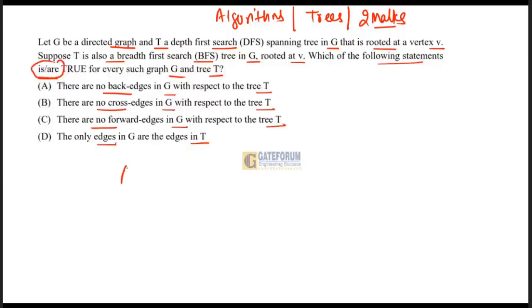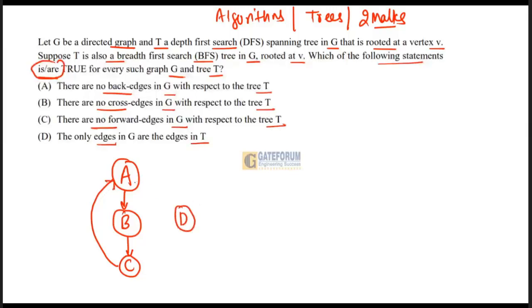Let's say I am considering a graph like this: A has a directed edge to B, and B has a directed edge to C. Now C has a back edge to A, and one more node D, where A has a directed edge towards D, and D has a directed edge towards C. So this satisfies the question, where G is a directed graph, T is a DFS spanning tree in G rooted at vertex V, and T is also a BFS tree in G rooted at V.